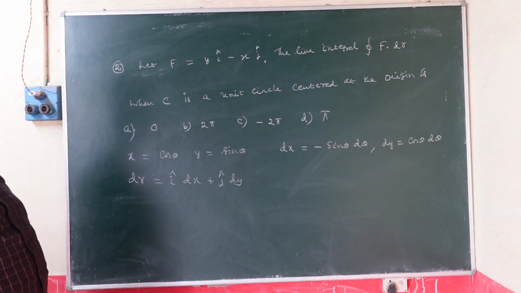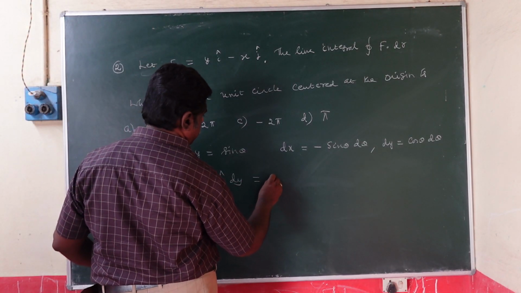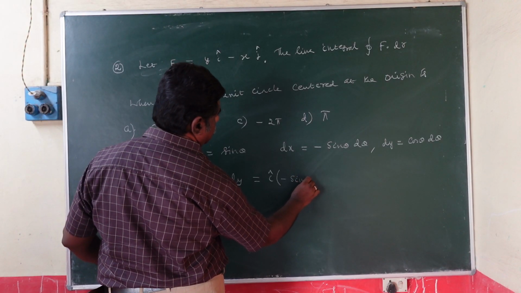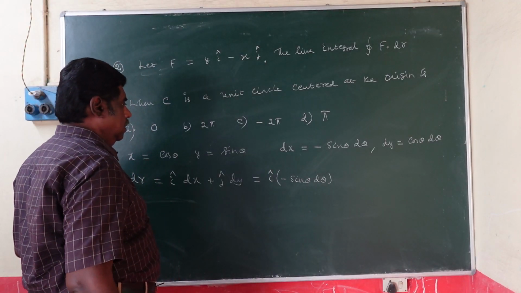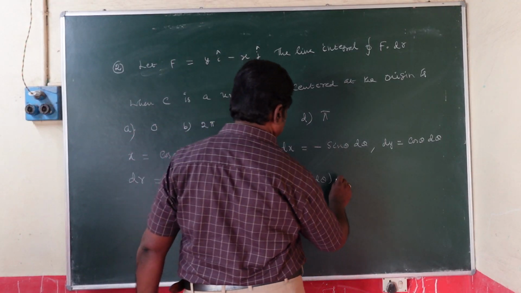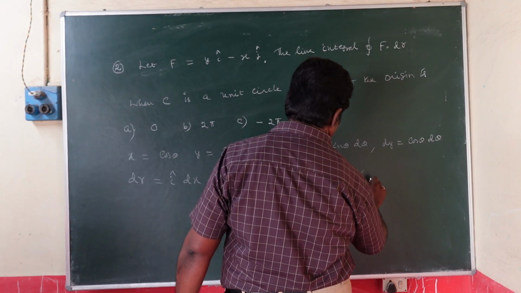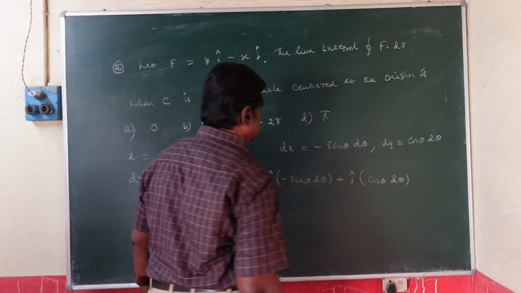This is the value of dr, which is equal to i into minus sin theta d theta plus j into the value of dy, cos theta d theta.